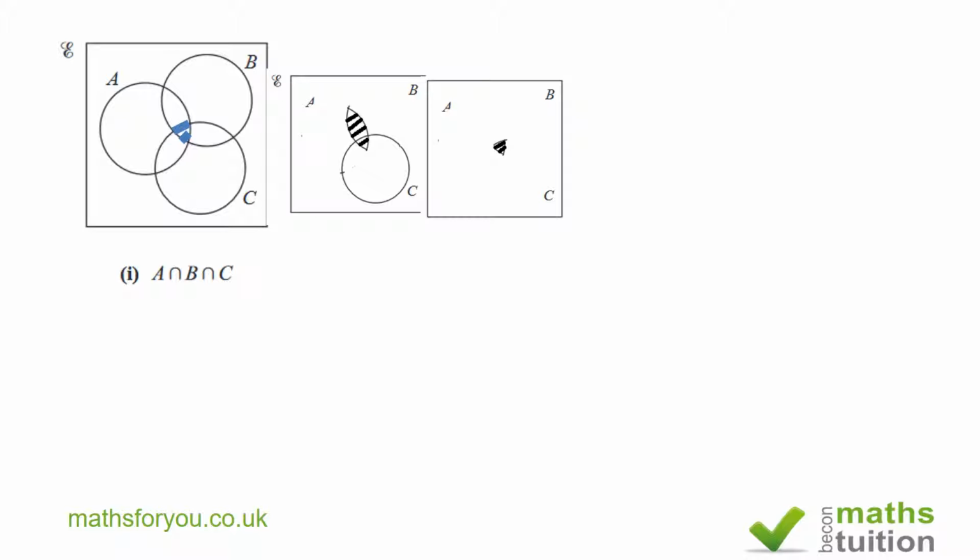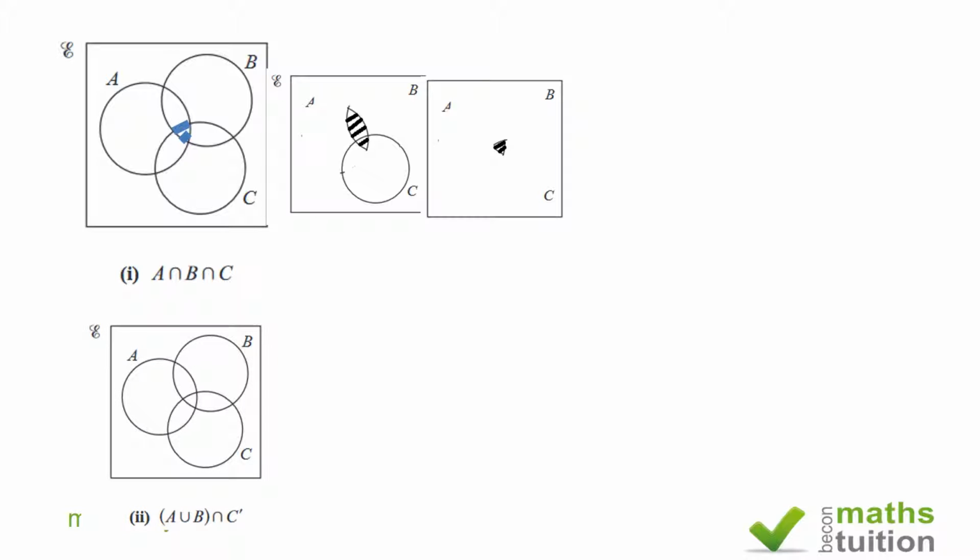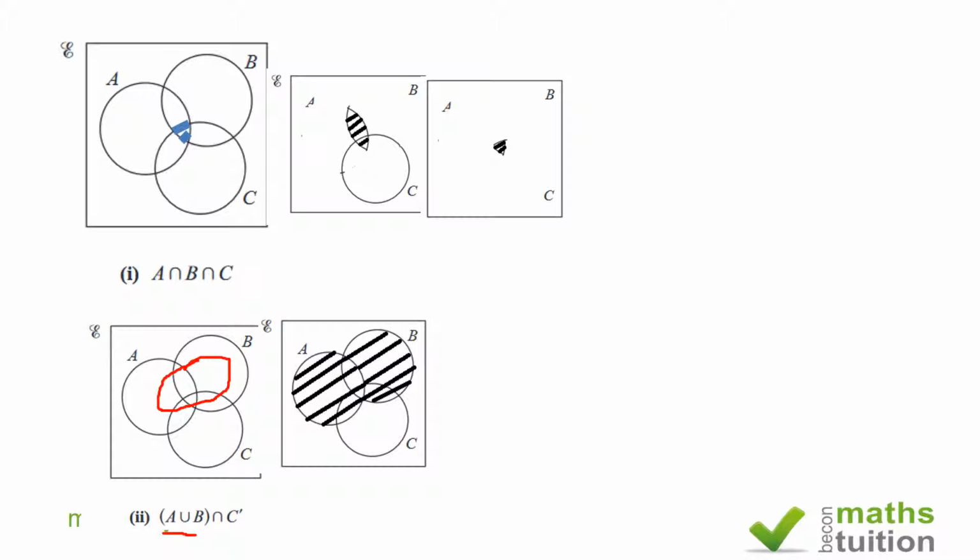And for the second Venn diagram, we want to find (A union B) intersection C prime. So again, we start with the bracket first, A union B, which is going to be all of that, as you would expect.